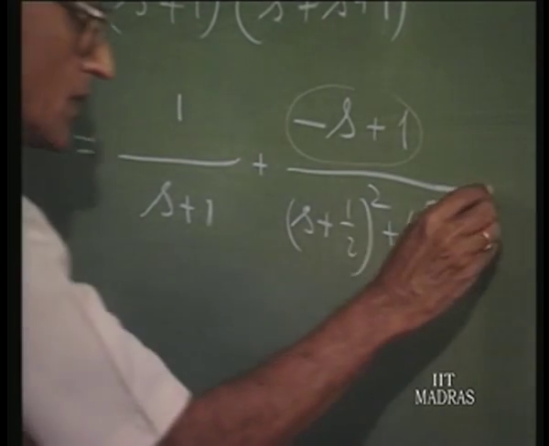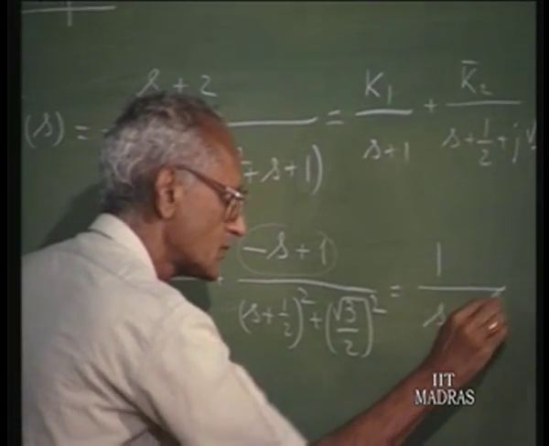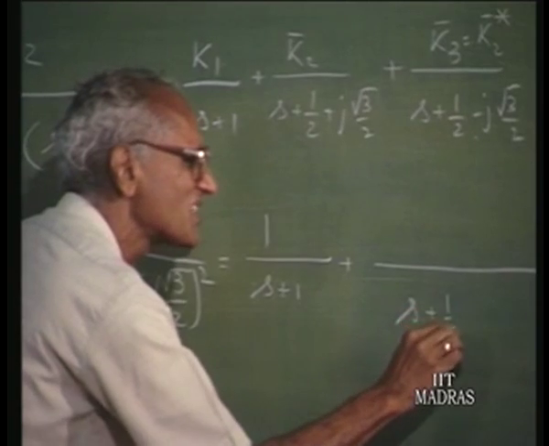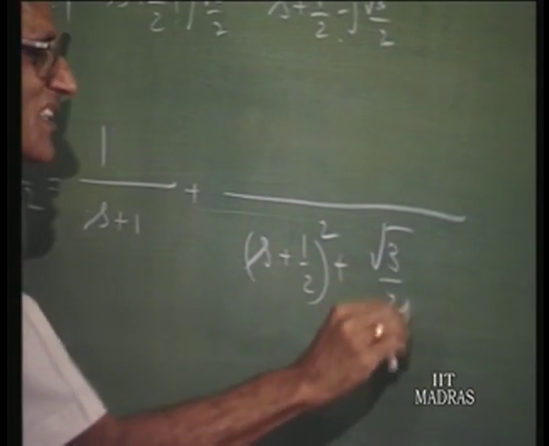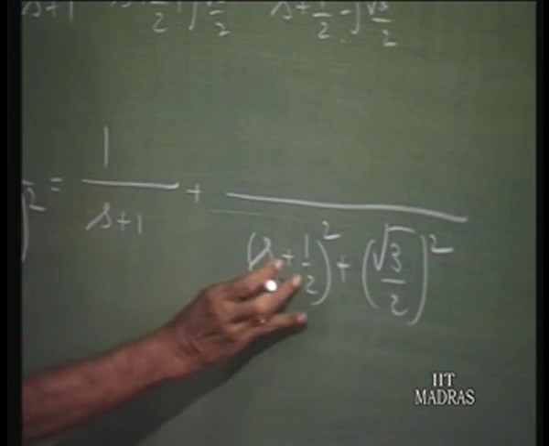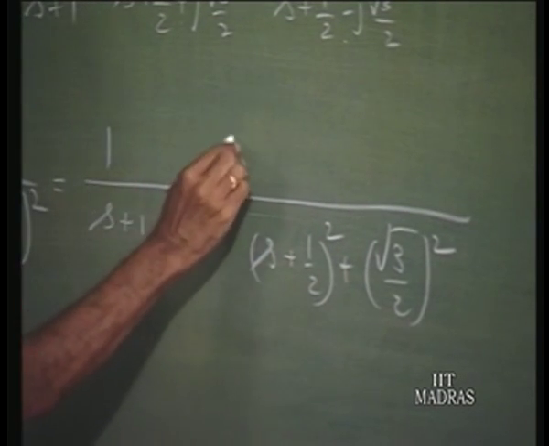So to do that, let me write 1 over s plus 1, all right, and the second term over (s plus half) whole squared plus (root 3 upon 2) whole squared. Now I must express this numerator as a linear combination of 2 terms like this. Since there is a minus s here, I will write it as minus of (s plus half).